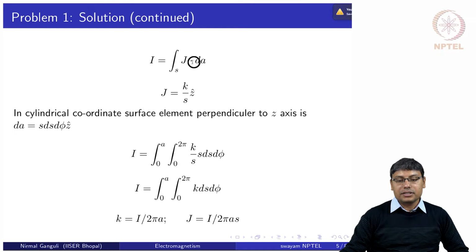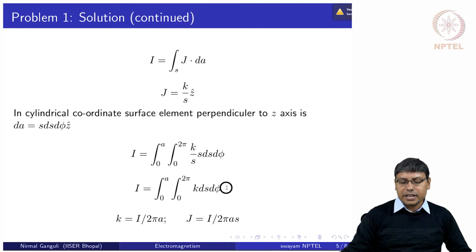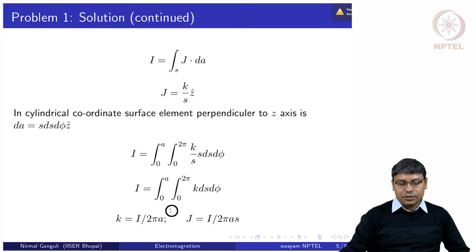So, if we perform this dot product and integrate it over s and phi, then we will have s integral limit from 0 to a, phi integral limit from 0 to twice pi, and the integrand is this, and the s here and s here, these two cancel, and we are left with integration over k ds d phi.